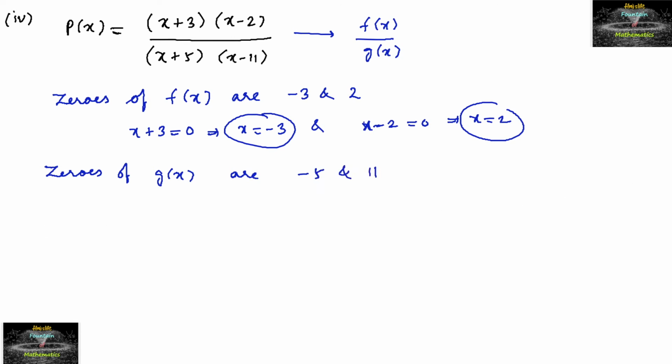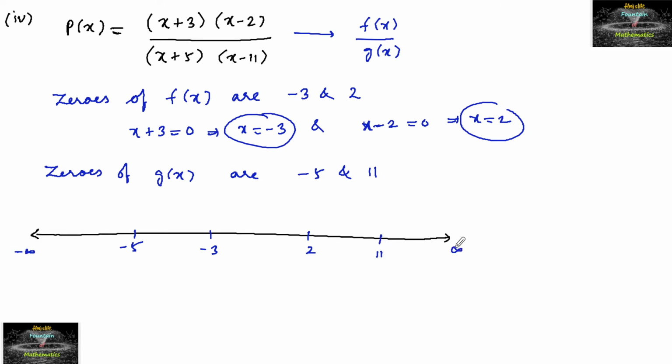Now let us mark all these on the number line in order. So first comes −5, then −3, then 2, and then 11, from −∞ to +∞ on the number line. Select the rightmost root, that's 11.